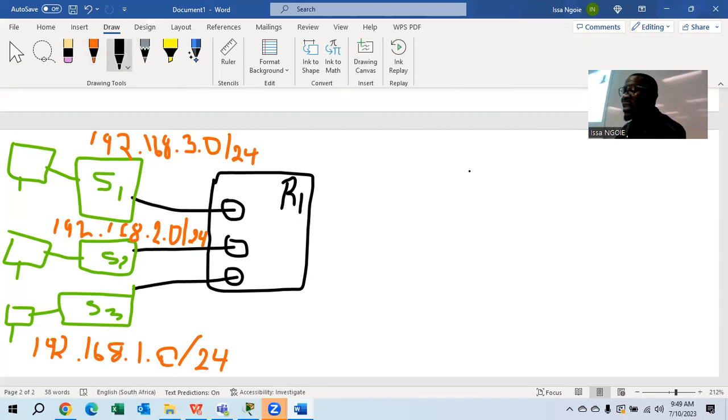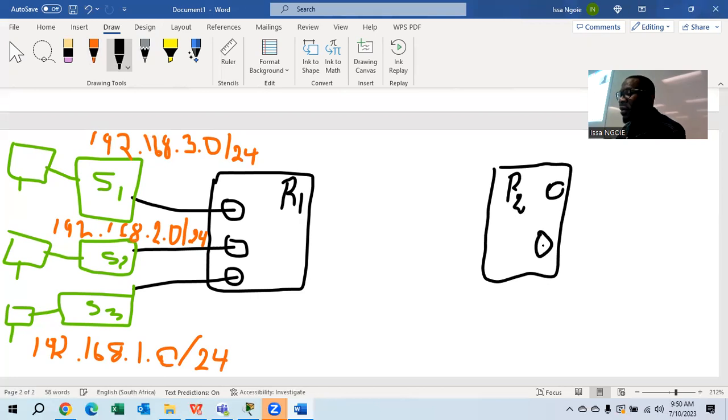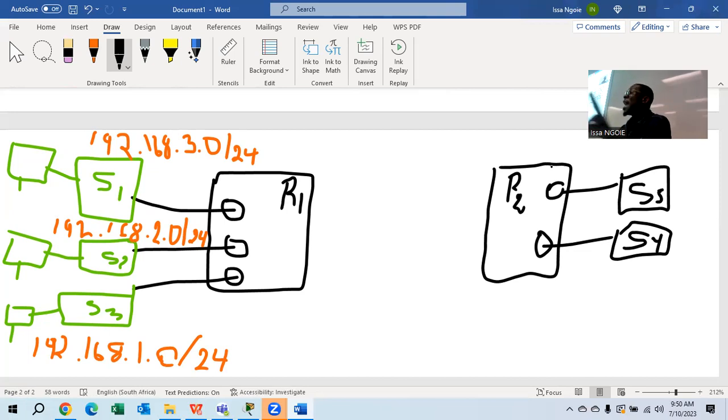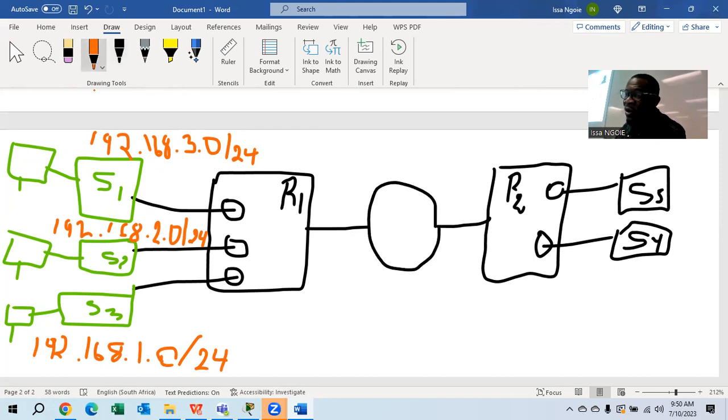Now, suppose that there is another router here. This is your router 2 with some switches here. There's another switch, maybe 4. There's another switch 5. Now, when you want to connect those two routers, the connectivity of those two routers, you can only use what?